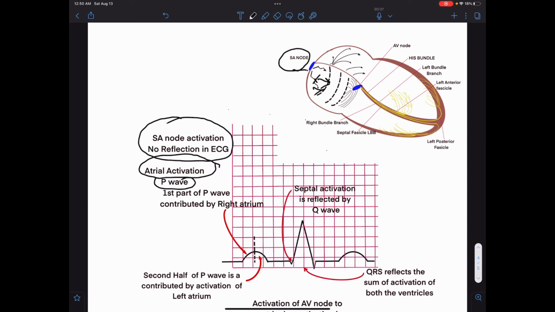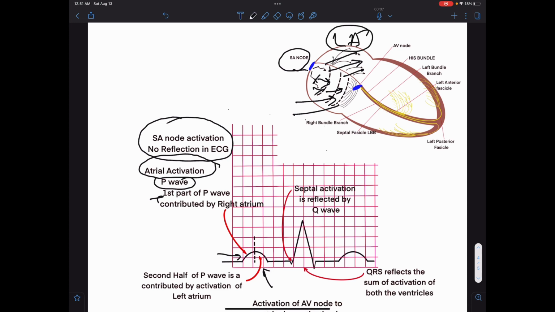The first part of the P wave is contributed by activation of the right atrium, and the second part of the P wave is formed by the activation of the left atrium.